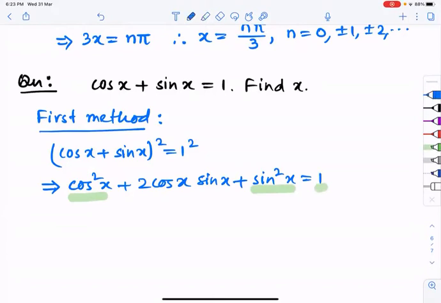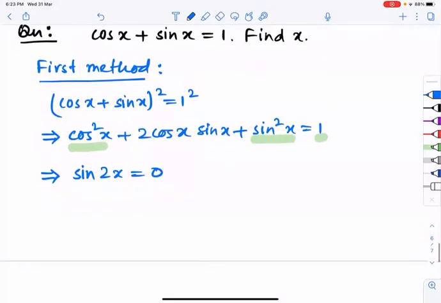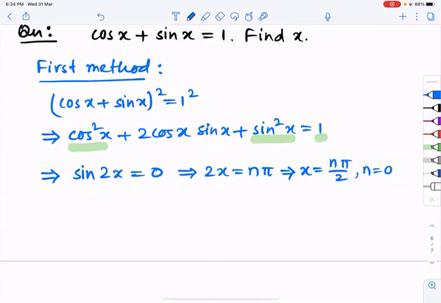So therefore, I will get 2 cos x sin x, that is sin 2x, equal to 0. Now, if I do that, our solution will be like this. This implies 2x equal to n pi, which means x equal to n pi by 2, where n can be 0 or plus minus 1 and so on, this type of numbers, integers. Okay, that is our solution.